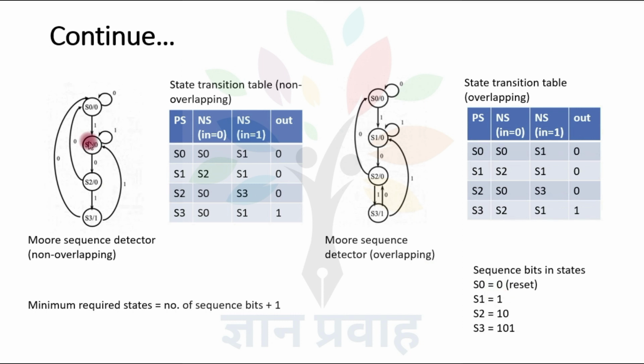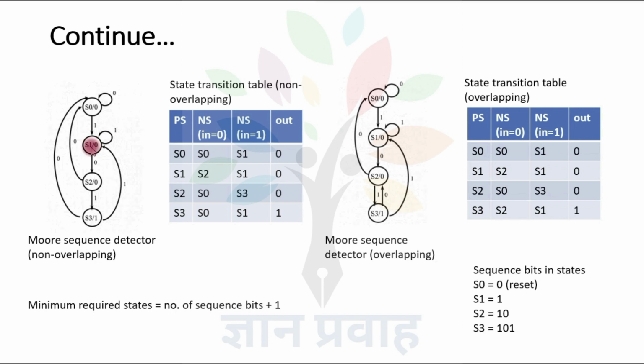At state S1, when we receive input bit 1, it remains the same, because now the input sequence will be 1 and 1, which is not our desired sequence. The required sequence is 1, 0, 1. So when we receive 1 and 0, then we will move to the next state. If we receive 1, then we remain at the same state.